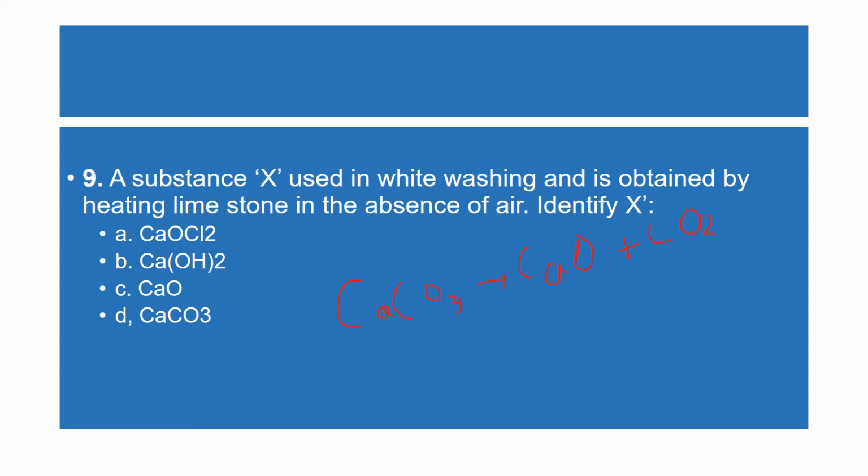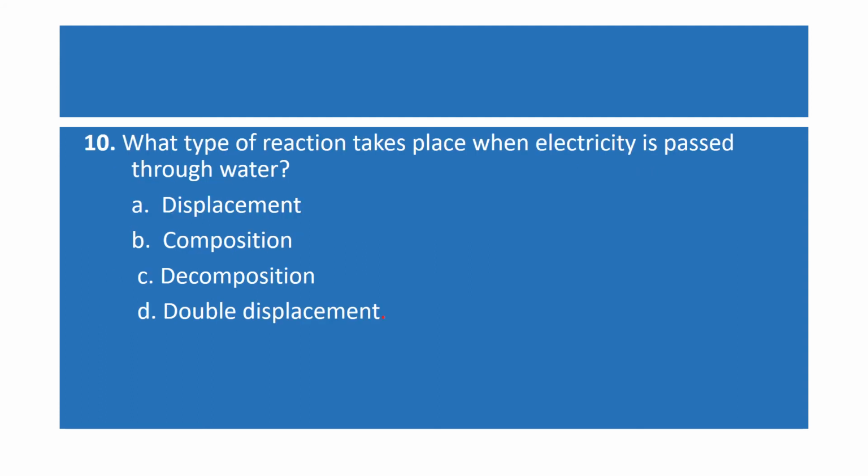So next question is, come for the next question now. What type of reaction takes place when electricity is passed through water? You know that when electricity is passed through water, that is the reaction H2O gives H2 plus O2. And you have learned this reaction in decomposition.